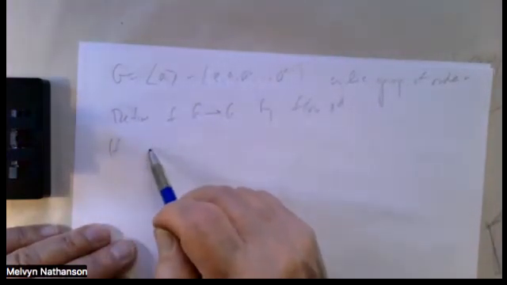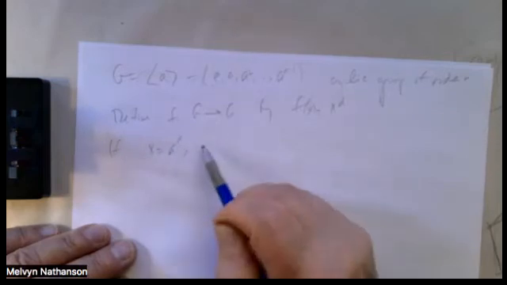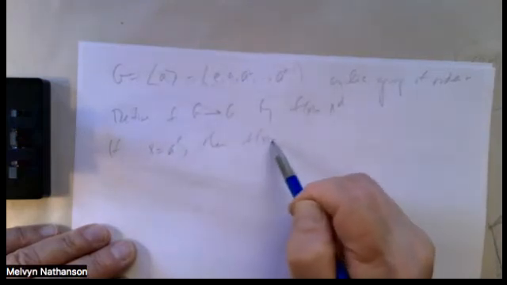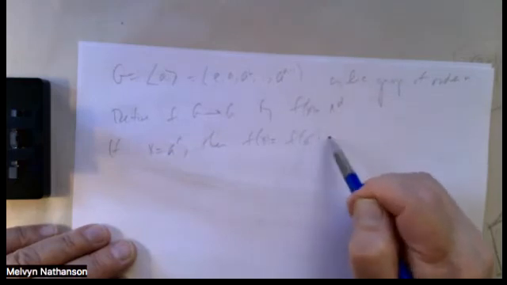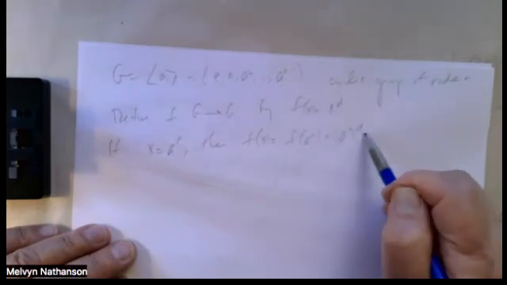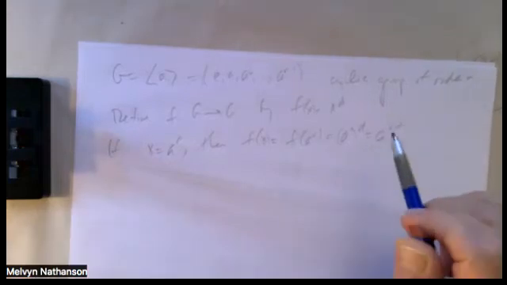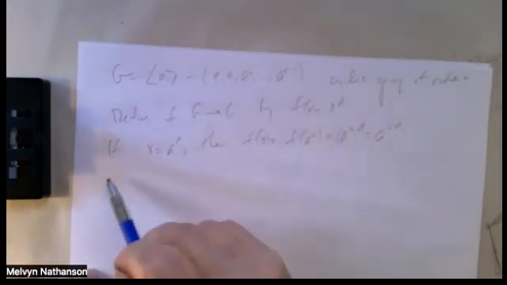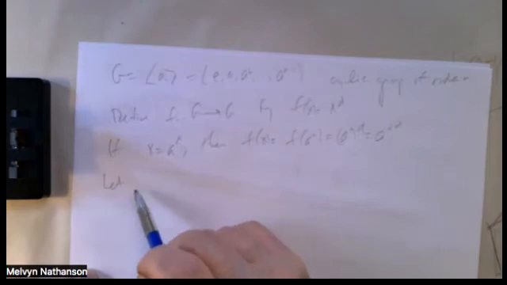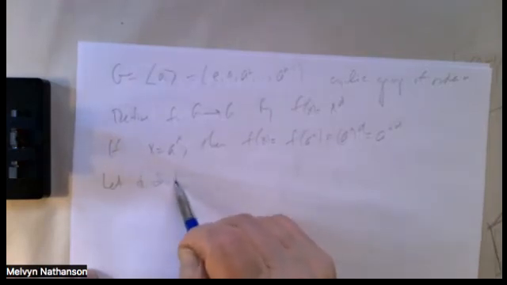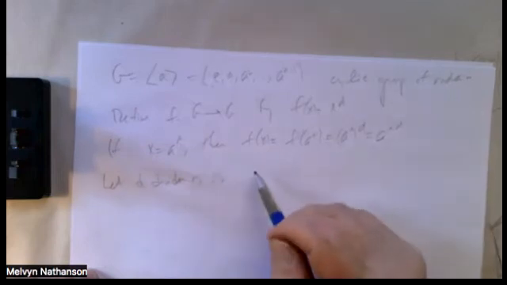So for example, if x is a to the power i, then f of a to the i is a to the i to the power d, or a to the id. Suppose d divides n. So n is d times q for some q. So what are the kernel and the image of this homomorphism?